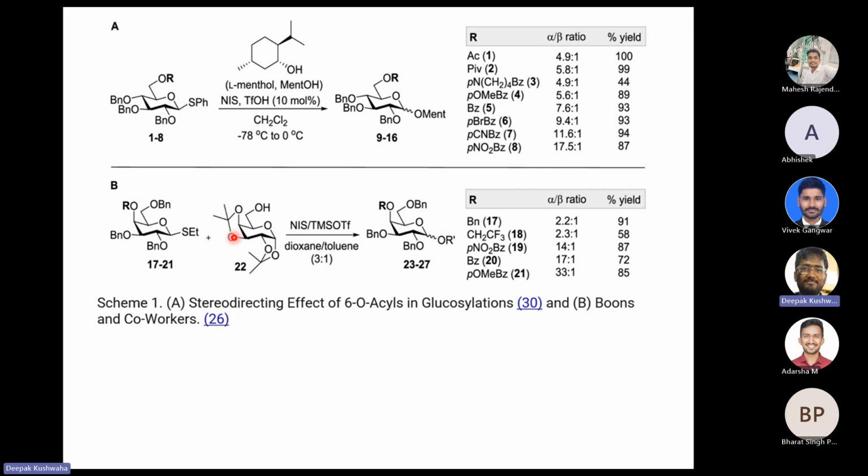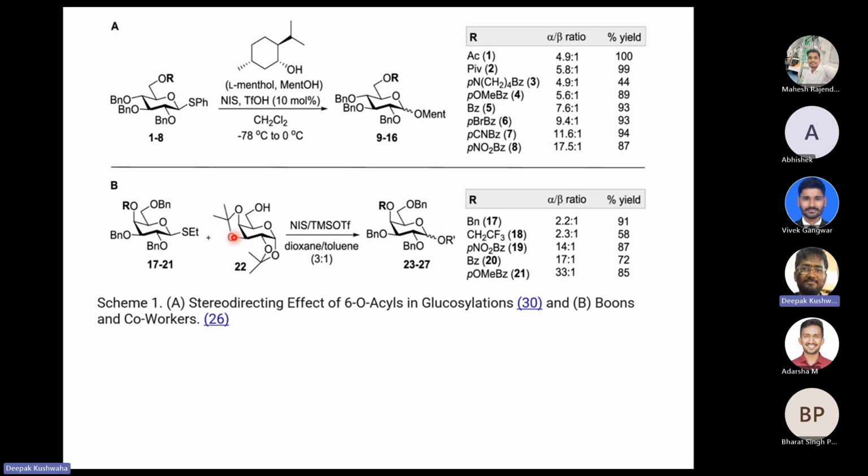So they used menthol just to nullify that, because nucleophilicity itself can give selectivity, and those things are very much known in the literature. That's why they have used this acceptor, to prove that this is happening from the protecting group control, not the acceptor.